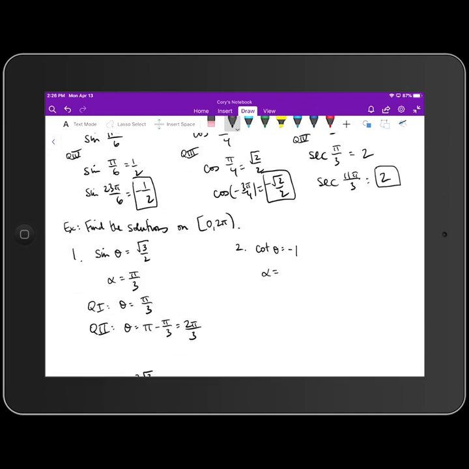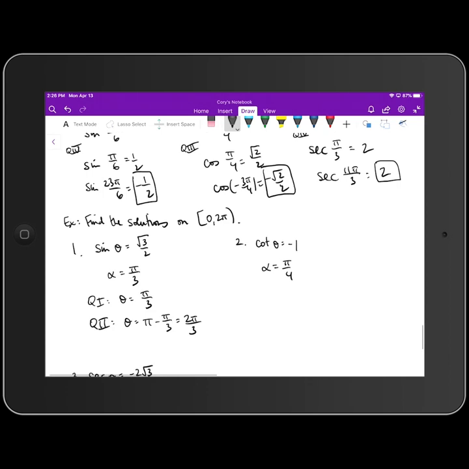So our reference angle here is pi over 4. Then we think, if cotangent is negative, what two quadrants is that going to occur in? All students take, so cotangent is positive in quadrants 1 and 3, which means it has to be negative in quadrants 2 and 4.